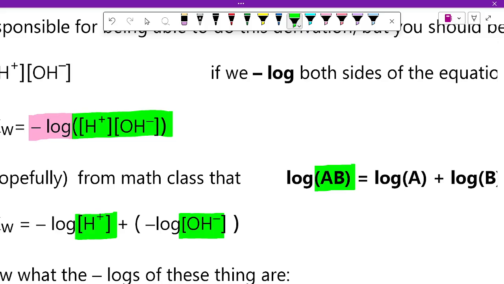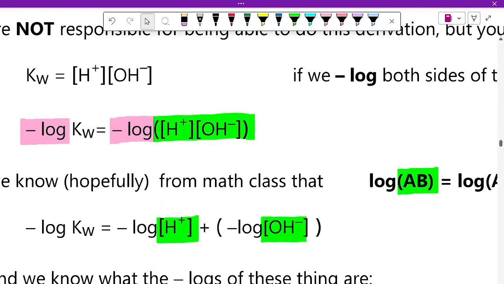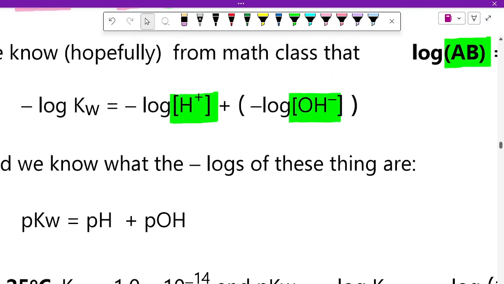Now, you know that the negative log of Kw is pKw. Negative log of hydrogen is pH, and negative log of hydroxide is pOH. Excellent. So we've ended up with pKw equals pH plus pOH. Well, what is pKw?